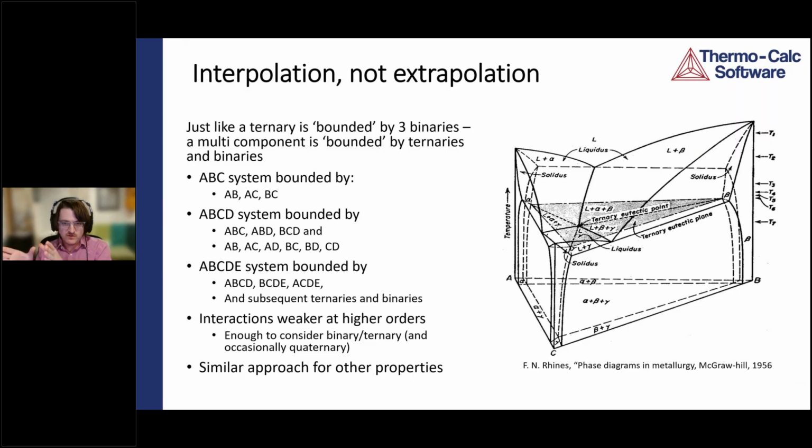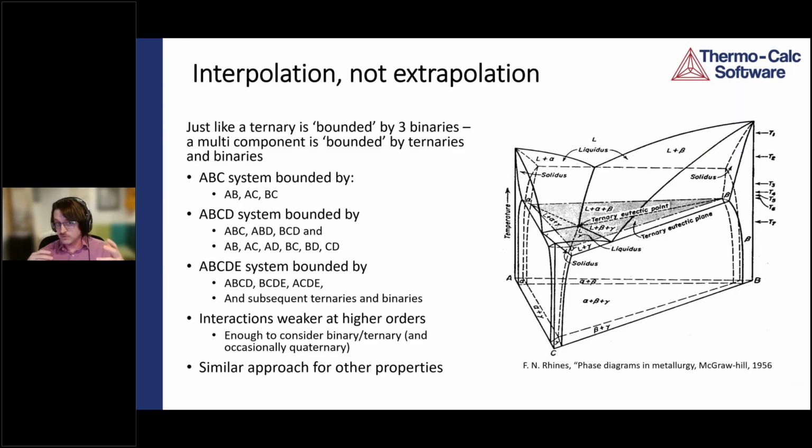Well, if you take this ternary diagram over here, it's in 3D space, and you see that the ternary is actually bounded by the binaries. So if I only gave you information about the binaries, the AB, the AC, and the CB binary diagrams, and I say, hey, tell me what happens when you mix all these 3 elements together, actually, you're interpolating between those 3 diagrams.